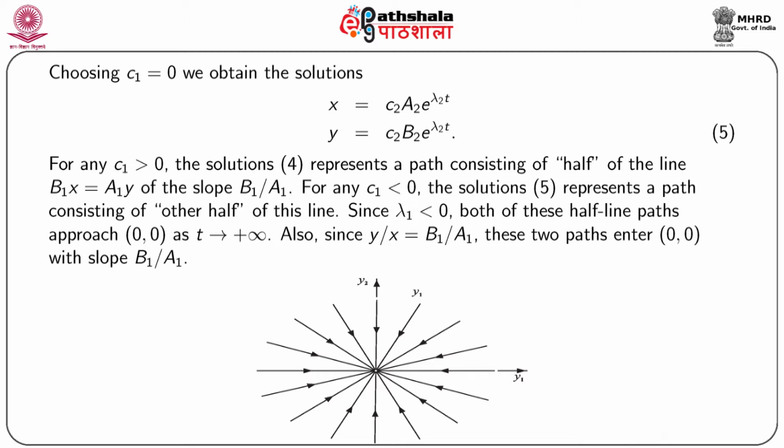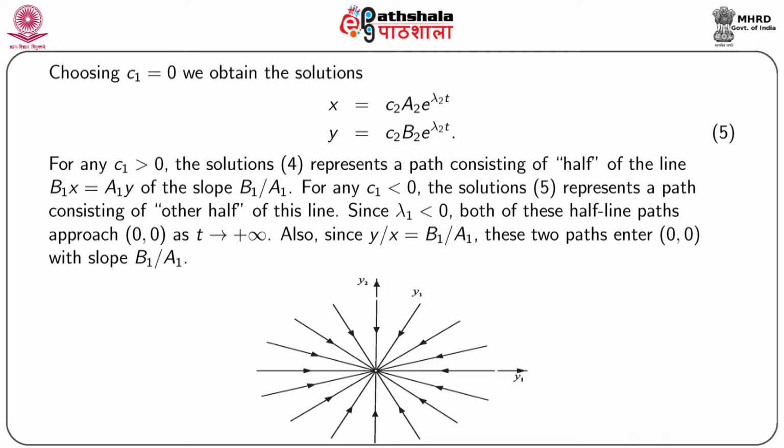Now, for any c1 positive, the solution 4 represents a path consisting of half of the line b1 x = a1 y of slope b1/a1.